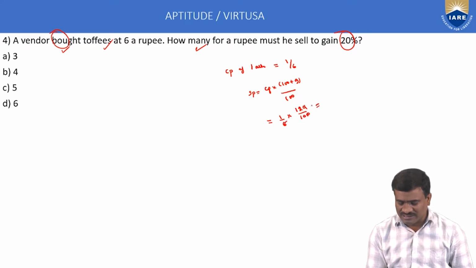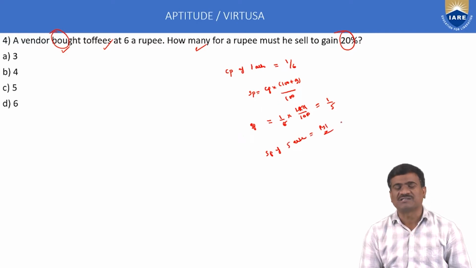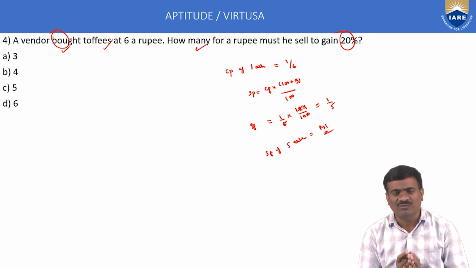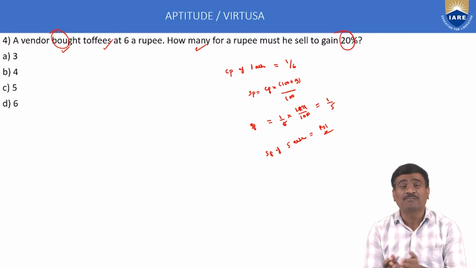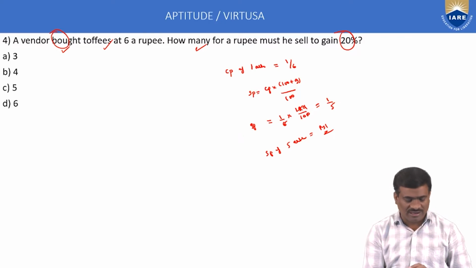Your next one 1 by 5. If selling price is equal to 1 by 5, that is selling price of 5 articles is equal to rupees 1. Selling price of 5 articles is equal to rupees 1 means 1 rupee, number of articles is equal to 5. Therefore, option C only correct.